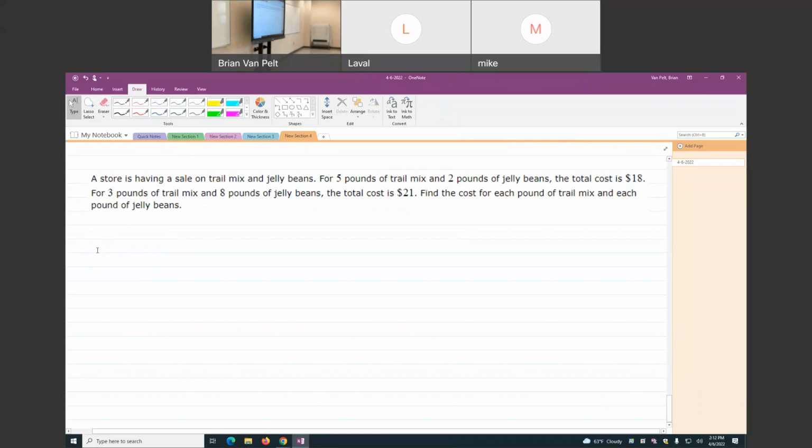So a store is having a sale on trail mix and jelly beans. We have 5 pounds of trail mix and 2 pounds of jelly beans, and they've got the cost. And then 3 pounds of trail mix and 8 pounds of jelly beans, they have the cost. So what if I did this? You tell me. It's right here.